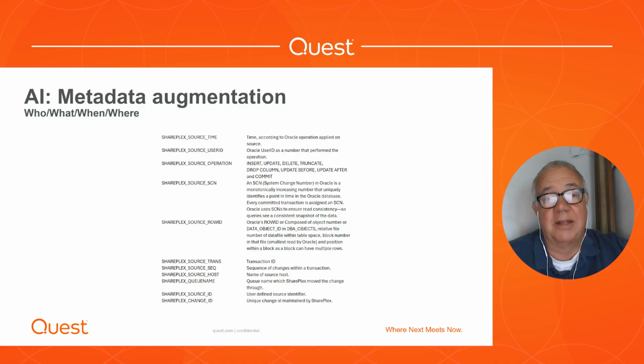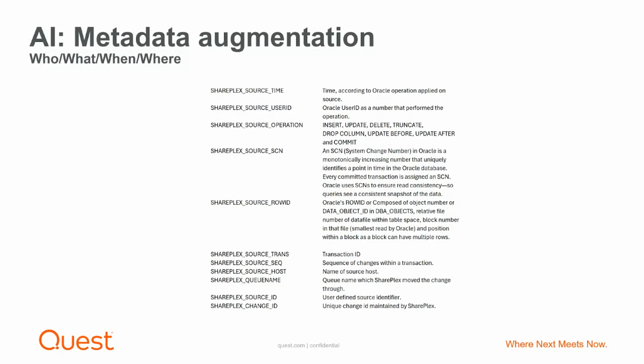So these are the columns that we add. Some of these are self-explanatory, such as the source, time, user ID, the type of operation. I've mentioned some of this, such as insert, update, delete, truncate, etc. We also contain database information such as the source SCN, the row ID, a sequence.